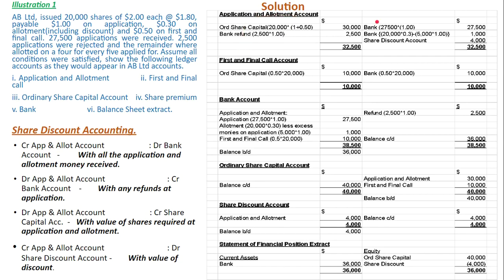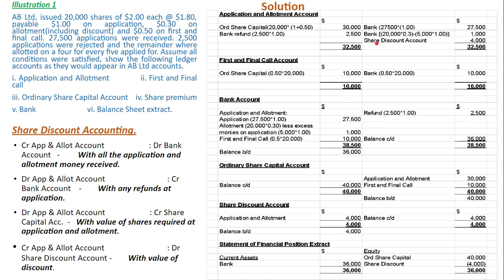On the credit side, like we said before, we always split the monies received for application and allotment to enable us to take care of the excess received on application. So on application, we received 27,500 applications multiplied by $1, which is what was paid on application. So if we multiply that, we get 27,500.